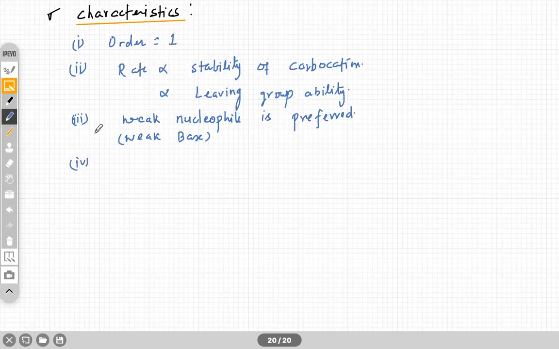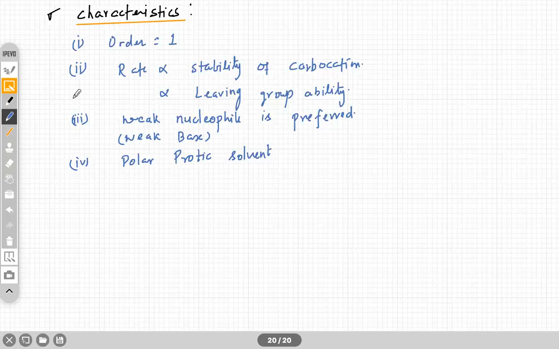Fourth one, we require polar protic solvent for this. Polar protic solvents are those solvents in which an oxygen-hydrogen bond is there. Right?